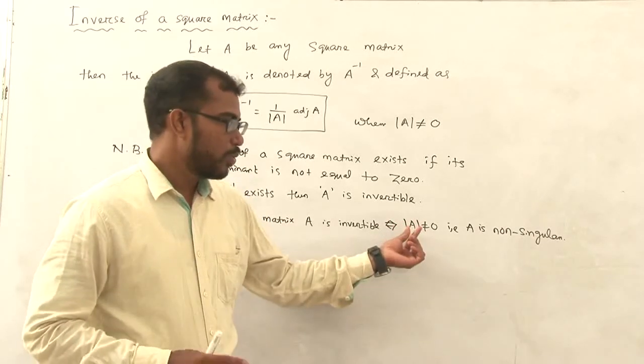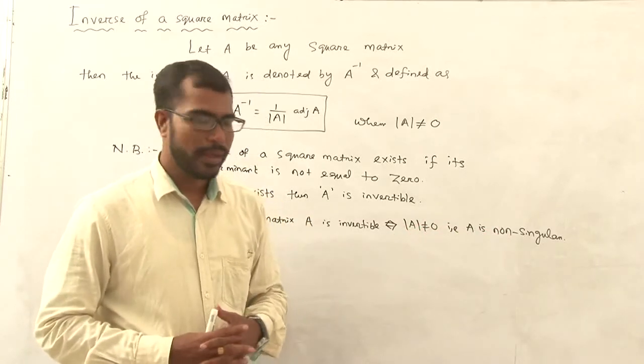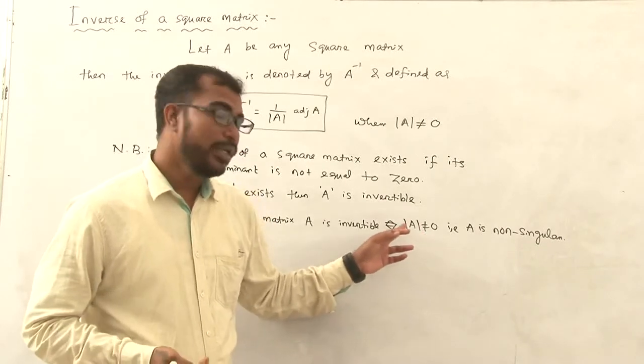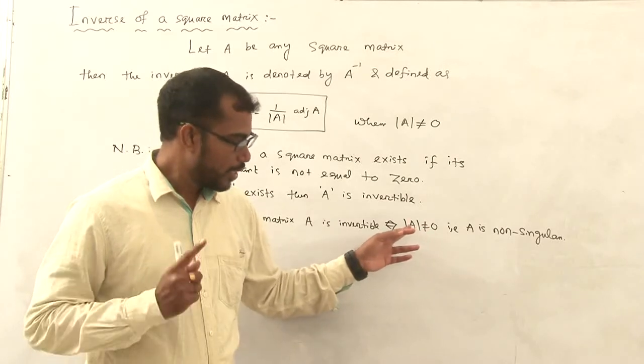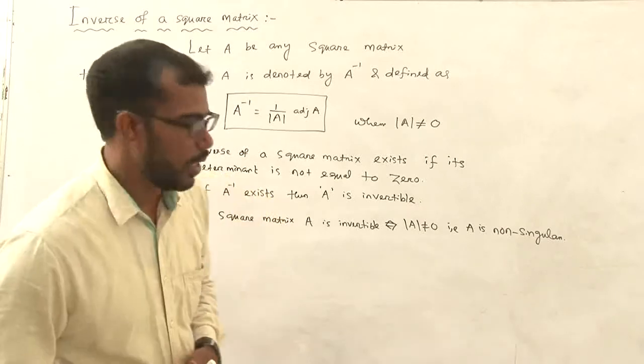In other words, non-singular. If the determinant of A equals 0, that is called singular. If the determinant of A is not equal to 0, then it is non-singular.